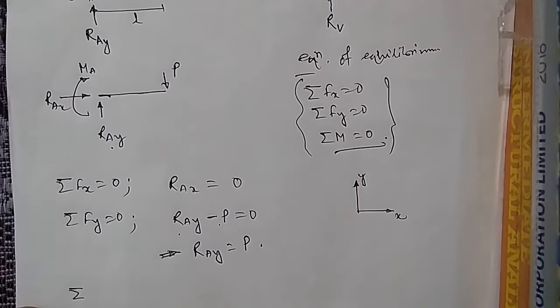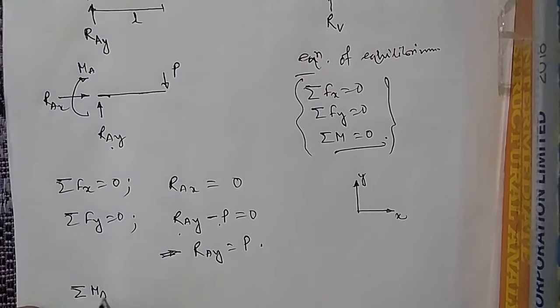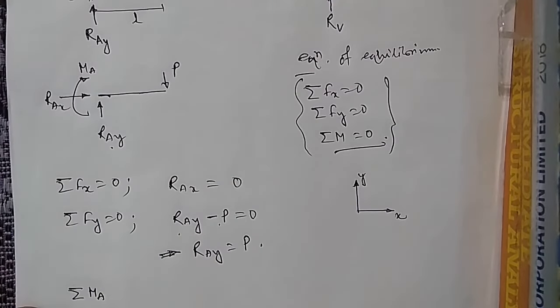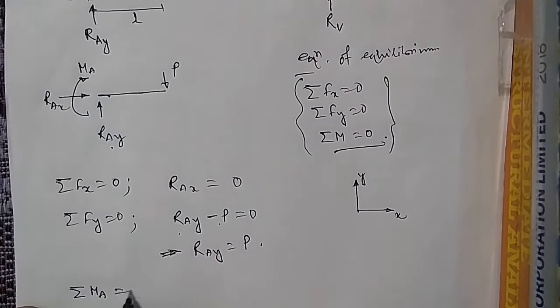Third equation, summation M at any point equals 0. We calculate the moment at point A. So summation MA equals 0.